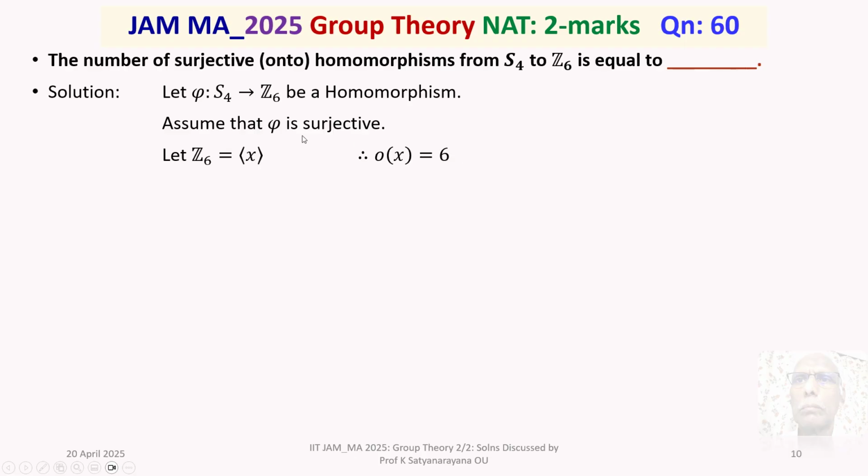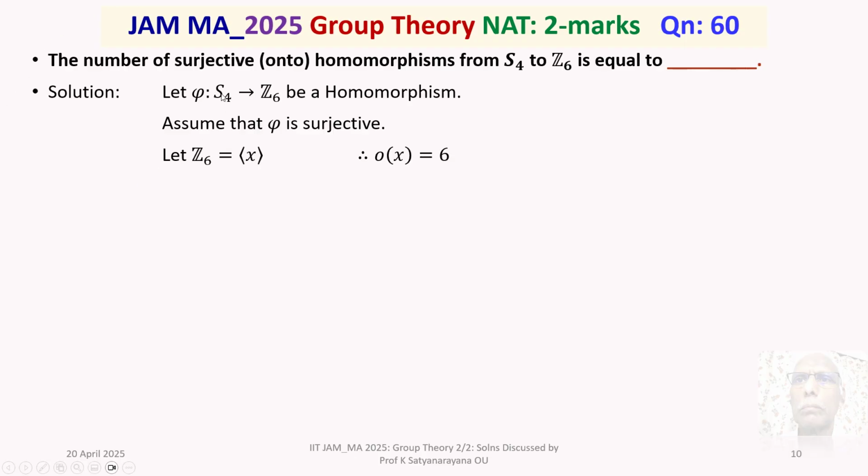Right. What is phi? Phi is a surjective homomorphism. Where is X? X is in Z6. Because it is an onto homomorphism, it has a pre-image.